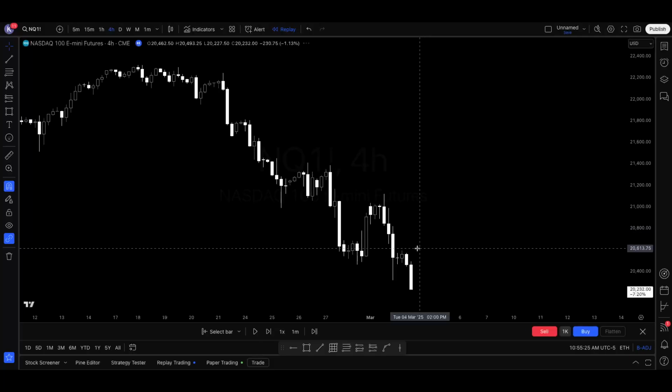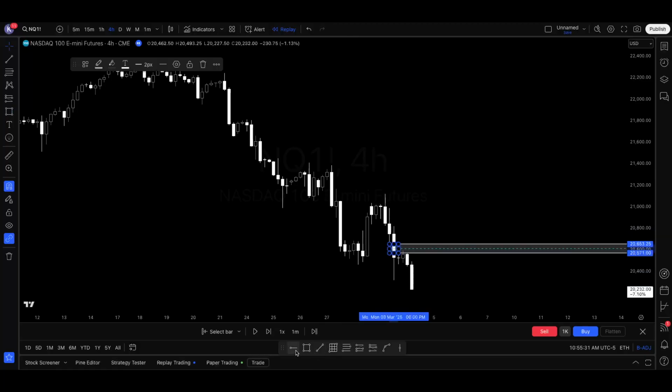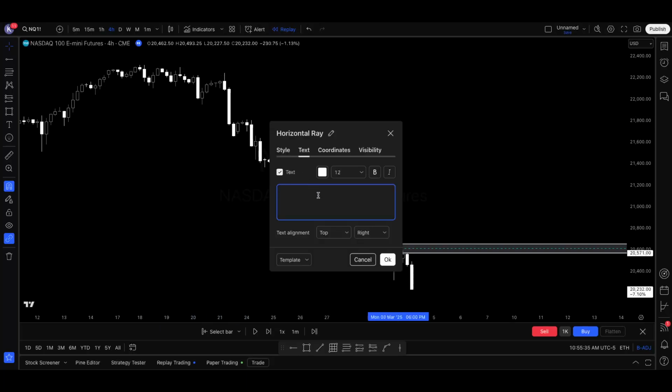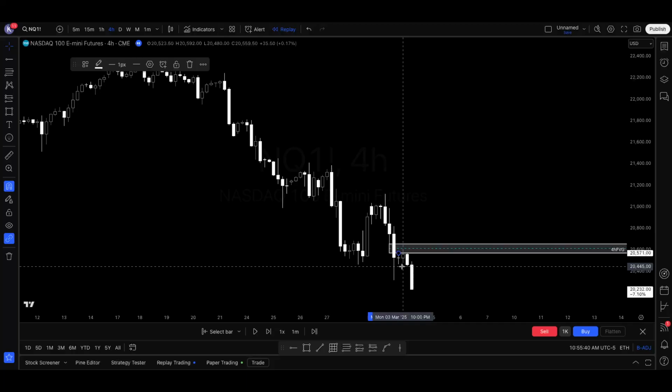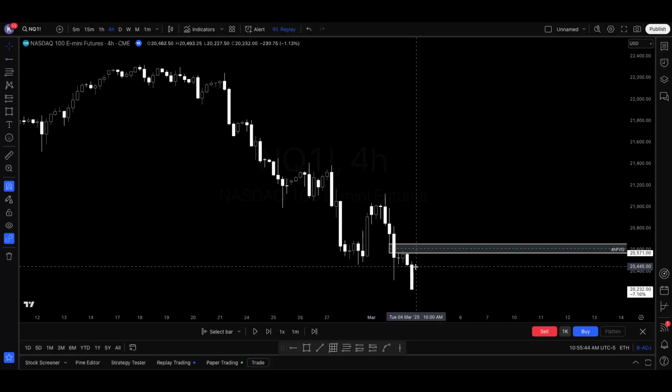If I look at a 4 hour chart coming into this morning, the first thing I see is that from yesterday there's this 4 hour fair value gap that opened up, and it looks to me that price was starting to rebalance back into this range. So now that I have an area where I can expect price to reject or stall, I want to know if this area does hold, where could we be targeting?